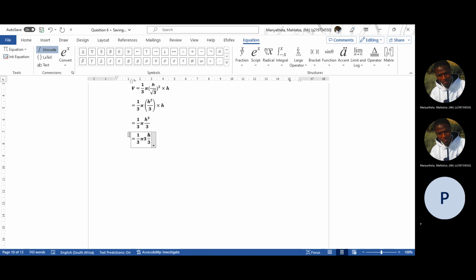And then remember that from the exponent we always subtract 1.